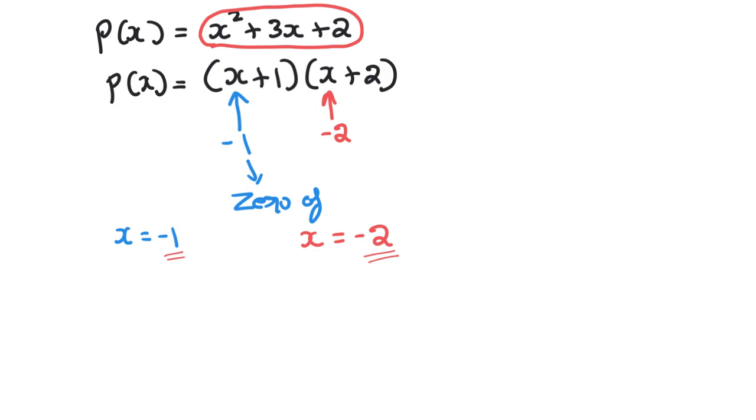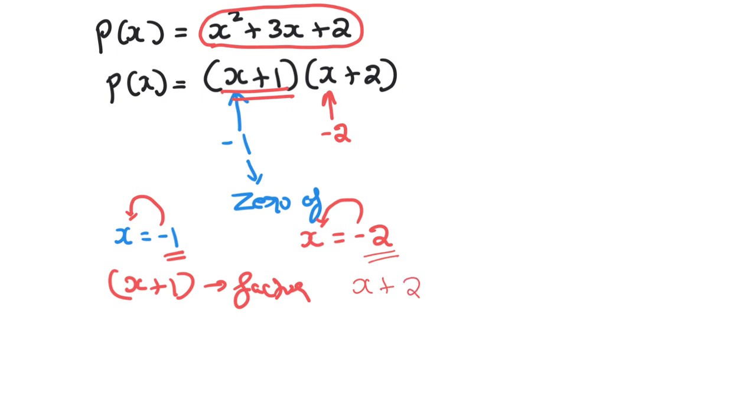Got it? But now observe carefully. If x is equal to minus 1 is the zero of this polynomial, can I say, if I bring the minus 1 there, x plus 1 is a factor of the polynomial? Can you observe? If x is equal to minus 2 is the zero of this polynomial, can I say x plus 2 is the factor of the polynomial?